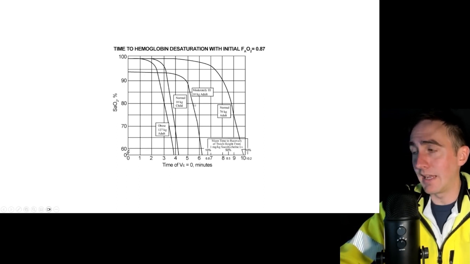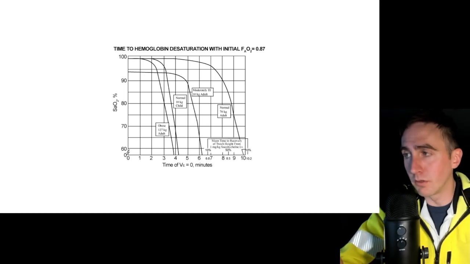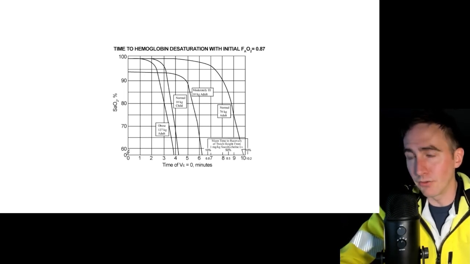However, a moderately ill patient desaturates faster. But who desaturates the fastest? Obese adults and children.